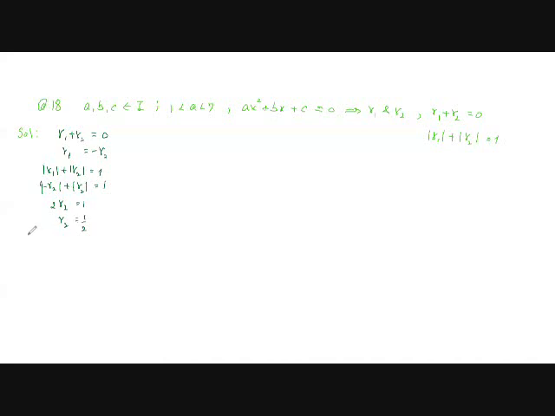So R2 equals 1 over 2. So now R1 is going to be minus 1 over 2 also, and R1 plus R2 equals 0. Everyone get it? Okay.